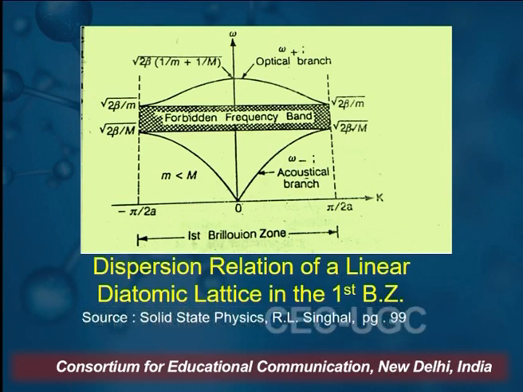At k equal to 0, omega minus is 0, and omega plus will be under root of 2 beta (1 by small m plus 1 by capital M). The interesting fact is that at pi by 2a, omega minus will be equal to under root of 2 beta by capital M, and omega plus will be equal to under root of 2 beta by small m.